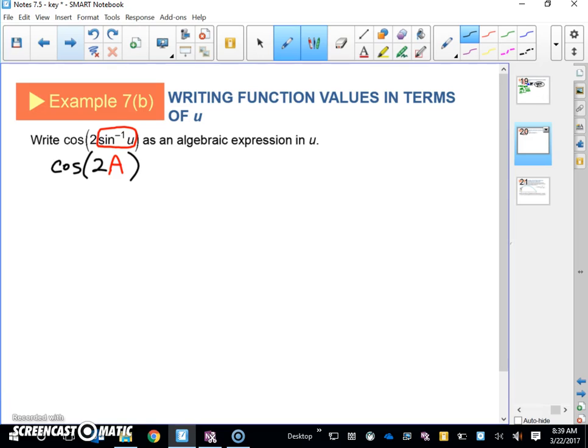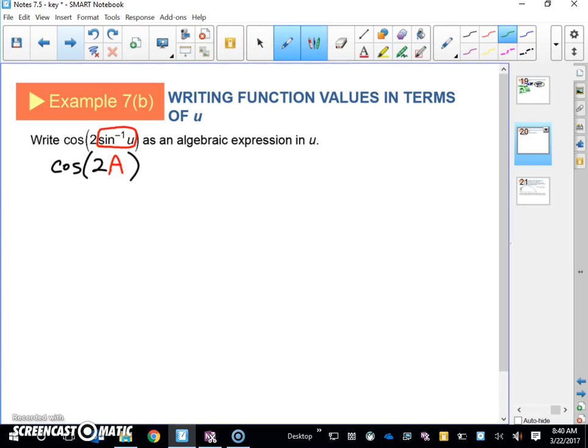I don't know if you know these or not, but that's a double angle cosine. And so you look at your double angle cosine identities, and you see that there are three different possibilities. So we're going to have to pick one, but let's hold off on that. We'll pick one later. Let's draw a picture of angle A.